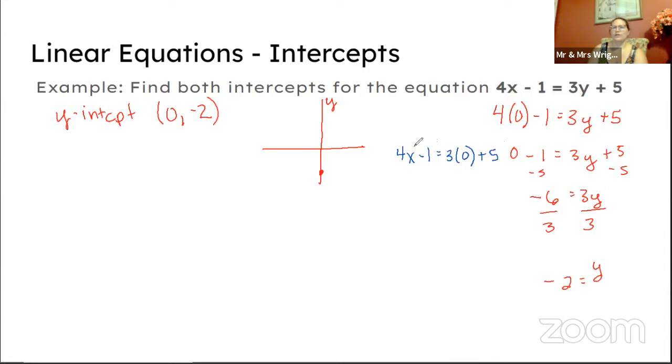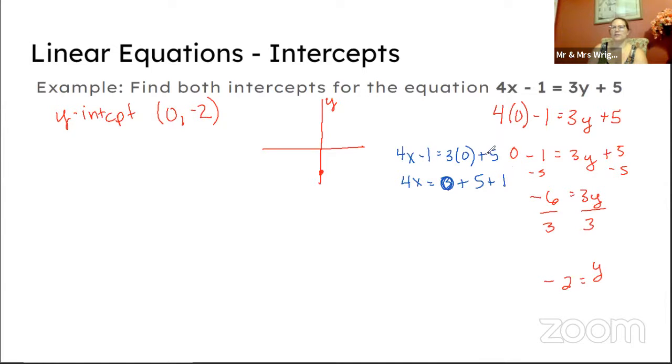I'm looking for my x-intercept, so I need to leave my x in my equation and plug in 0 for the other variable. So 4x equals 3 times 0, which is 0, plus 5 plus 1.